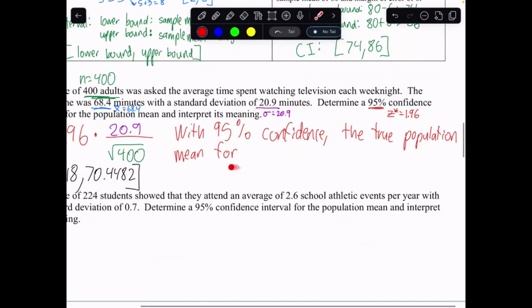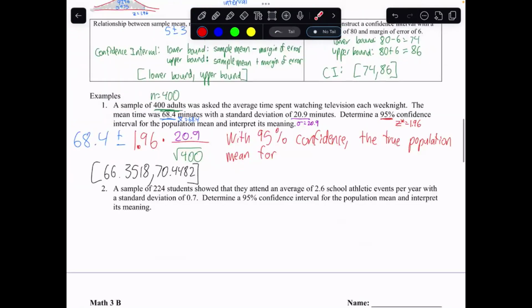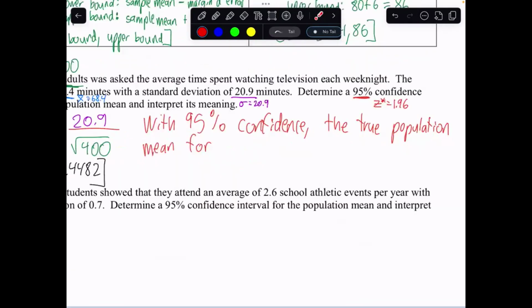Okay, and then you also need to tell me what are these numbers measuring, right? Are we measuring oranges or miles or people or dollars, right? So for this problem, we're measuring minutes spent watching TV. Let's just say that.